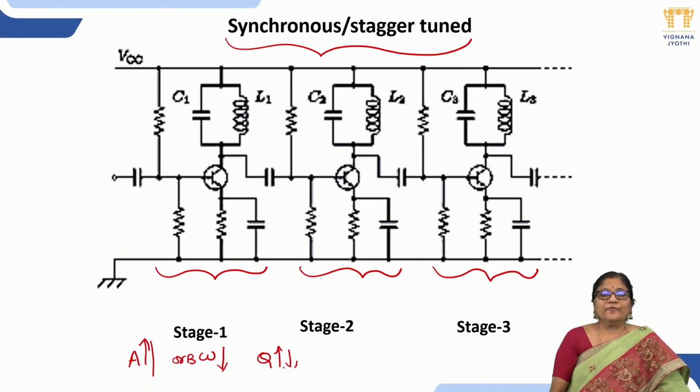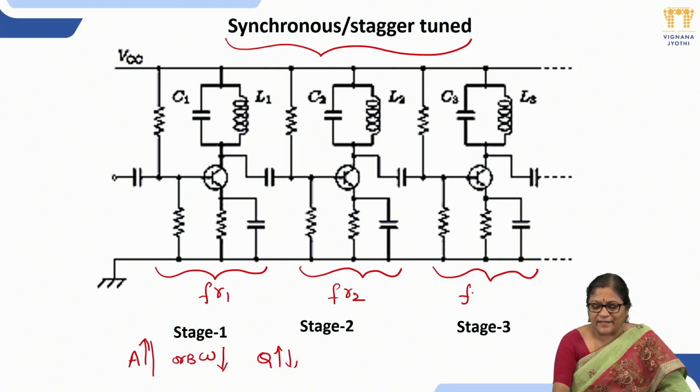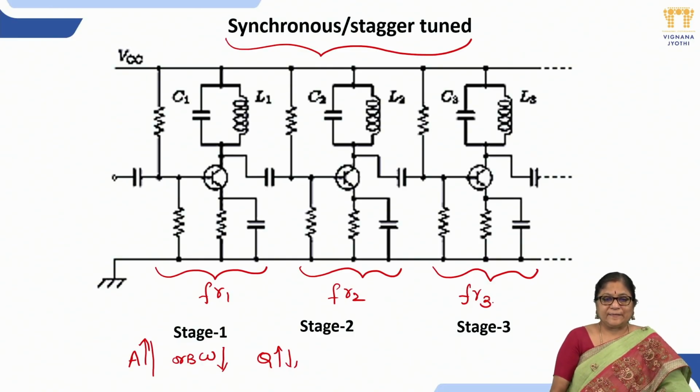For getting appropriate bandwidth, gain or selectivity, these multi-stages will be connected in this fashion, and their resonant frequencies like FR1, FR2, FR3 have to be selected according to the requirements.